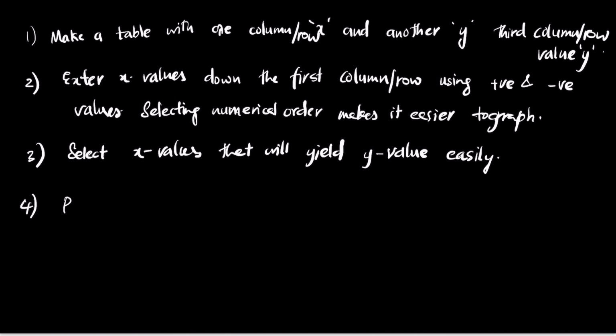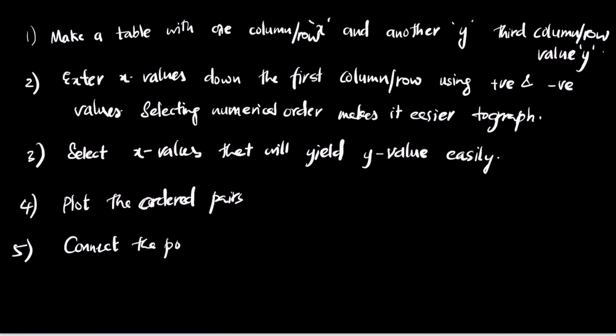And number 4, plot the ordered pairs, and at last connect the points if they form a line. So these are the steps that we need to use for plotting points on a graph.